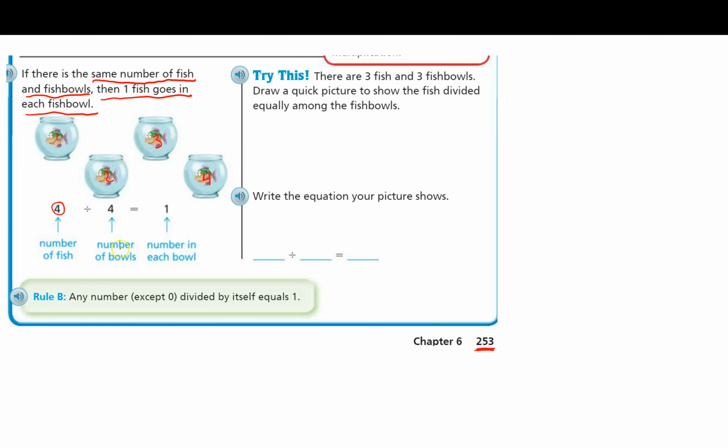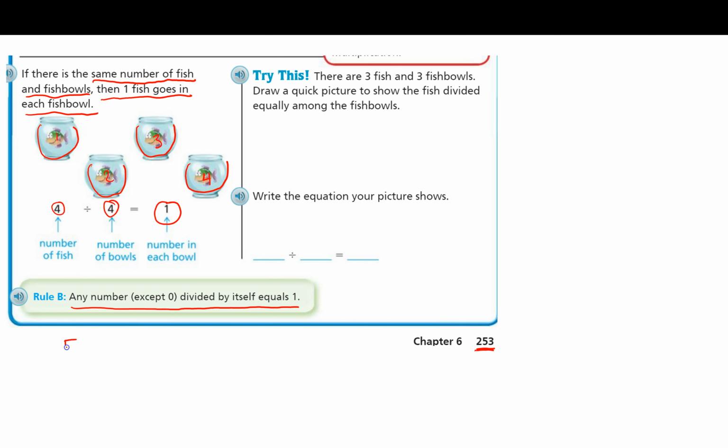Number of fish bowls is 4. 1, 2, 3, 4. Then number of fish in each bowl, one fish goes in each fish bowl. Okay? So what this is telling us is any number except 0 divided by itself equals 1.